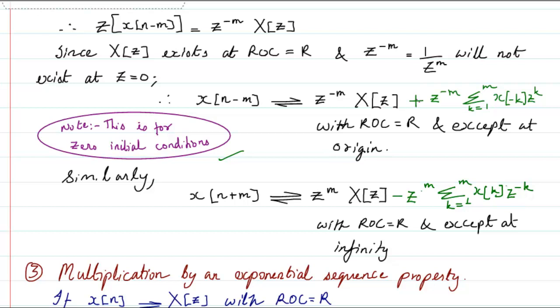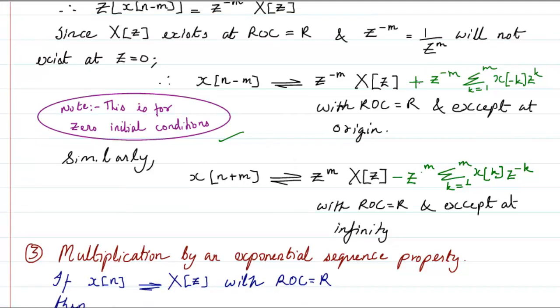Okay, what I have written in green color is when we are having some initial condition. For zero initial condition, these two won't be there. That means this whole green equation will not be there, so you can write that separately.